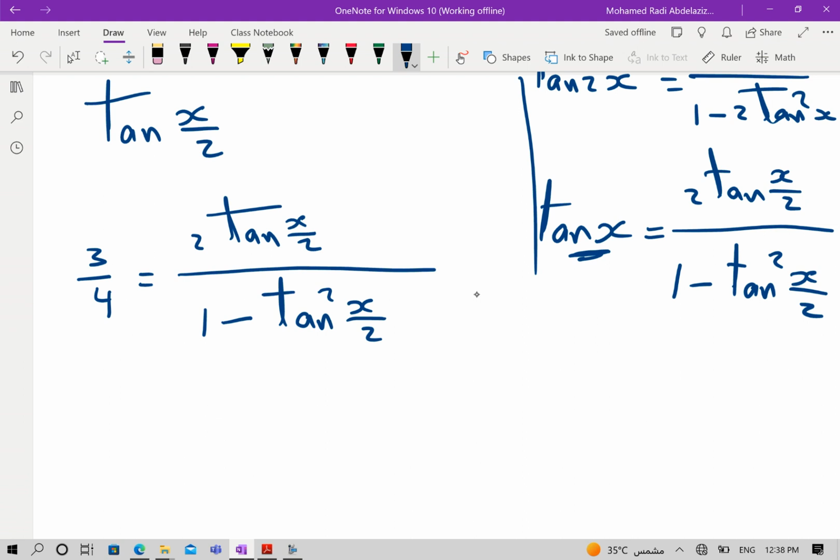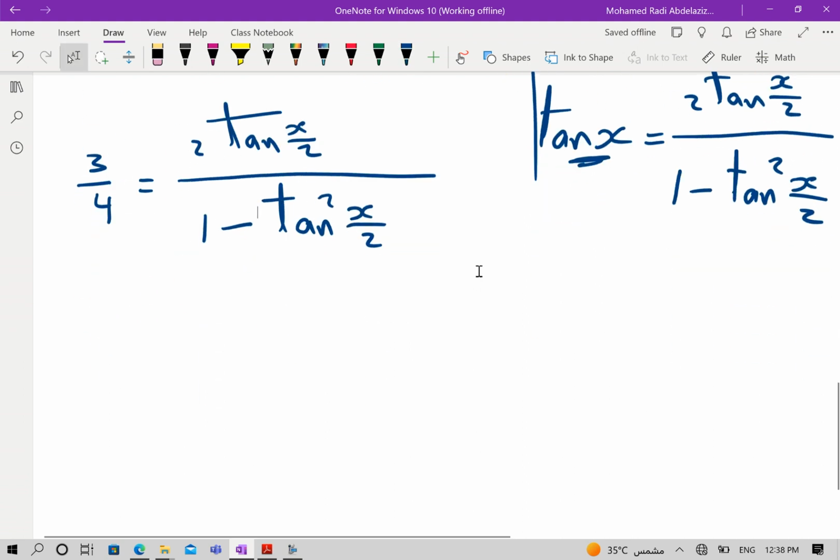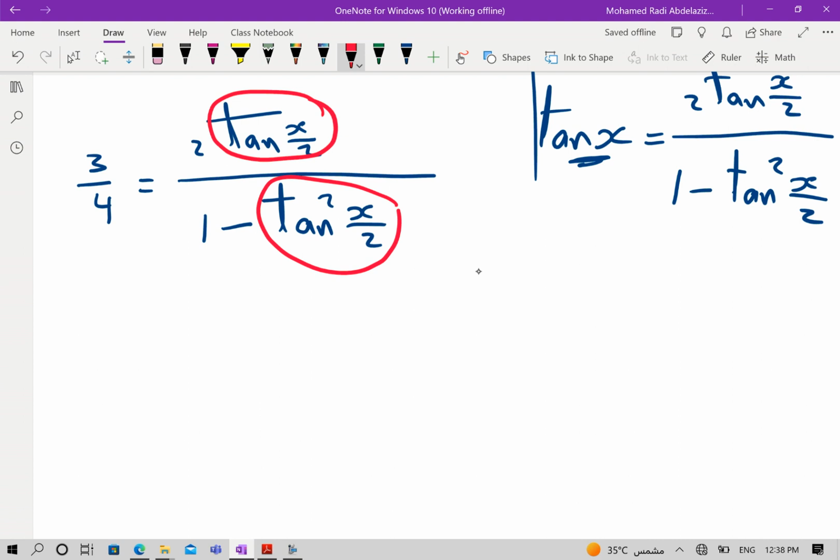How do we find tan x over 2 as the subject? Use cross multiplication. Call tan x over 2 u, and then you can find u by solving a quadratic equation. 3 over 4 is equal to 2u over 1 minus u squared.